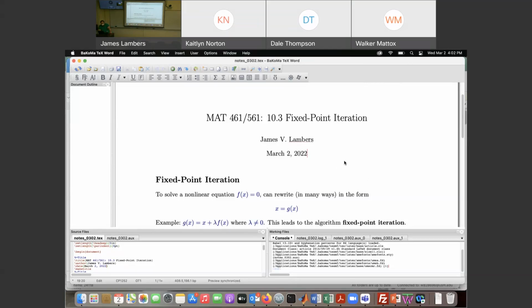Straighten everything out. Okay. Now, what's happening this week is really a review of certain things that were covered last semester regarding the solution of a nonlinear equation. The reason for that is the next topic after that will be from chapter 11, solution of a system of nonlinear equations.